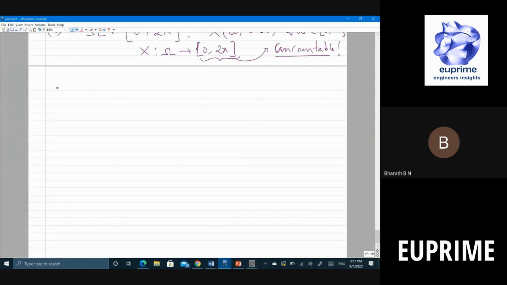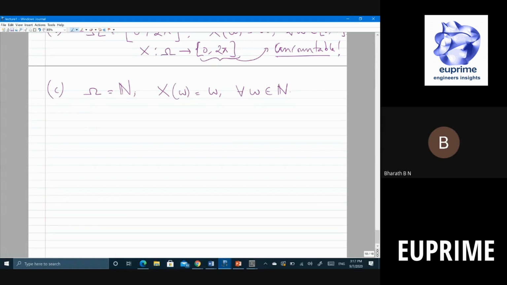The third example, maybe just to clarify this, omega is, let's look at something even simpler. N, you know what this is, right? Natural numbers, 0 included. My definition of natural numbers is 0 included. Look at X of omega equal to omega for all omega in N. Think of it as a random variable representing a count, for example, the number of people arriving at a queue.